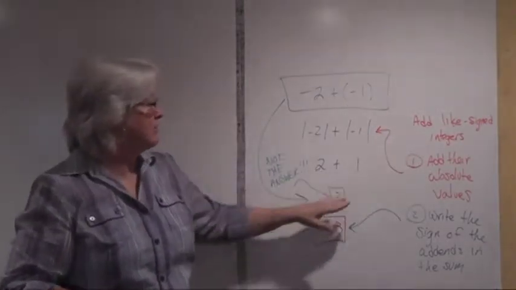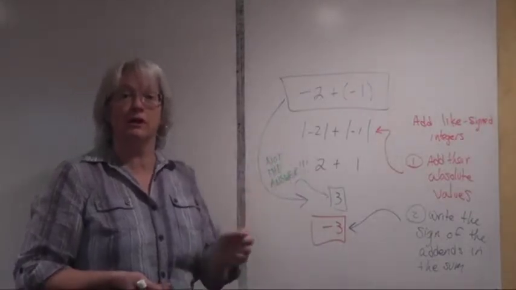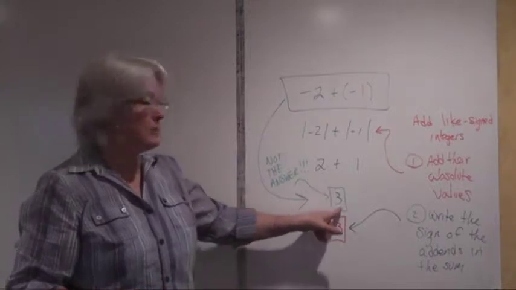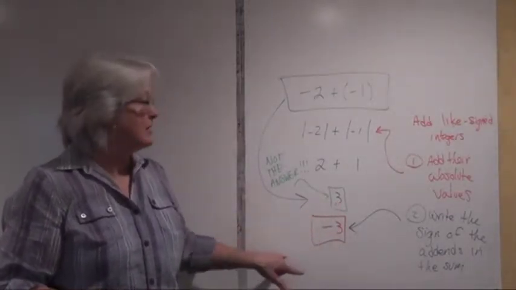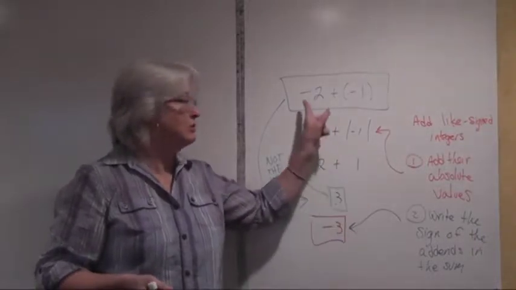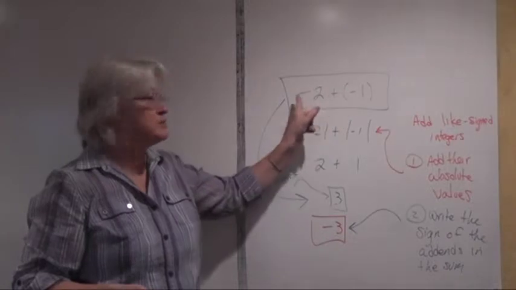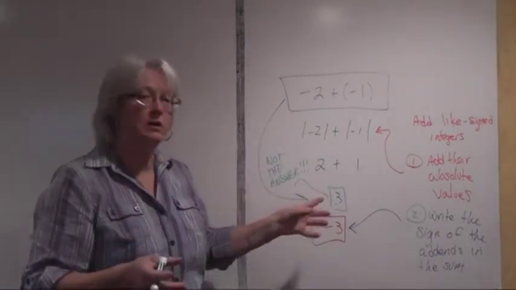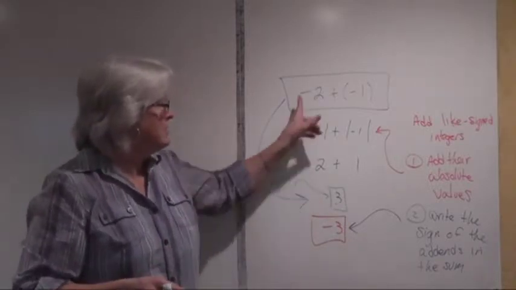It says add together their absolute values, which we've done. But then, because we're dealing with integers, which are signed numbers, you have to ask, is this supposed to be a positive 3 or a negative 3? And the way you determine that is you look back at your original problem and you look at the sign of those addends. Remember, addends are what you add together. Sum is the result, the solution to an addition problem.